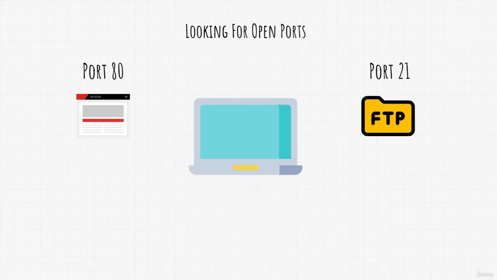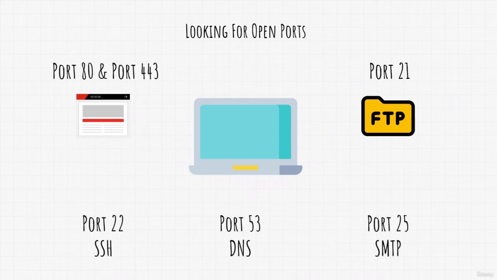You could, for example, have port 22 open, which is the SSH port, or secure shell port. It is used to log into the target machine and execute commands on it remotely. We could also have, for example, port 53 open, which is the DNS port, or port 25 open, which is the SMTP port. So there are a lot of ports.